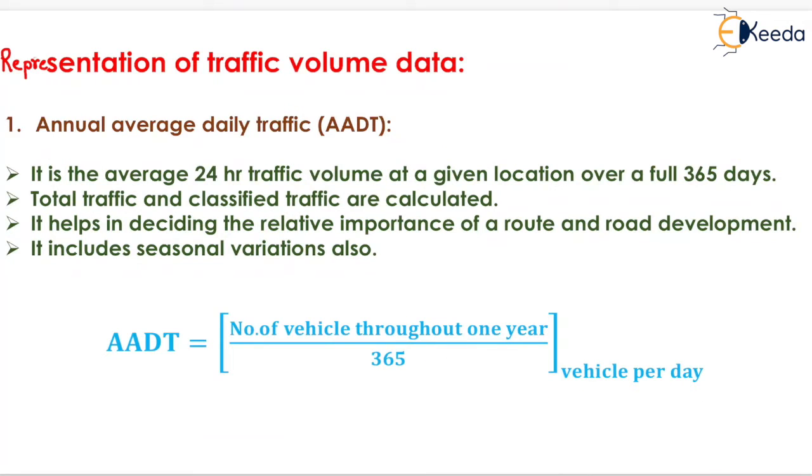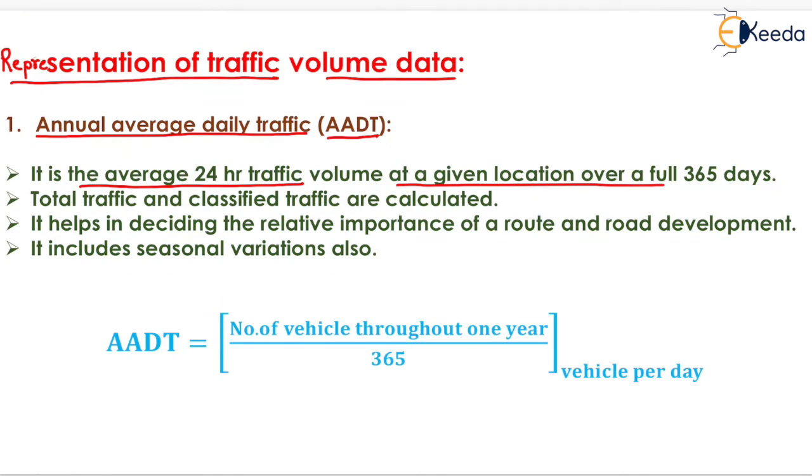Now the next topic is the representation of traffic volume data. We can represent the traffic volume data in terms of annual average daily traffic, which is known as AADT. It is the average 24-hour traffic volume at a given location over a full 365 days. Total traffic and classified traffic are calculated.